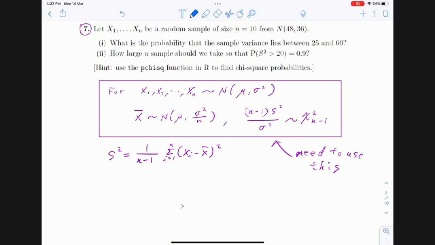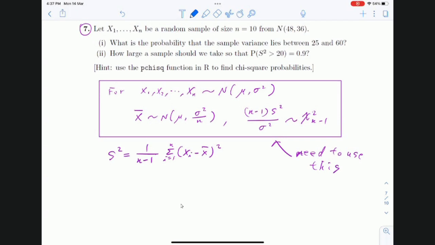We call this parameter the degrees of freedom. Now in this question, we are interested in a probability related to the sample variance. So we need to make use of this property. And we know that if you scale the sample variance, this will follow the chi-square. And we know how to compute the chi-square probability at least by using R.